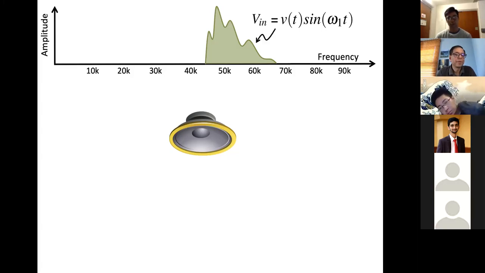Remember, multiplication in time is convolution in frequency. So when you convolve with 50 kilohertz, this signal, which is less than 20 kilohertz, actually sits around 50 kilohertz. If that didn't make sense, no problem. All you need to know is, if I want to shift the whole voice signal from the lower band to a higher band, you multiply with a high frequency sin(ω1t). ω1 is 50 kilohertz.